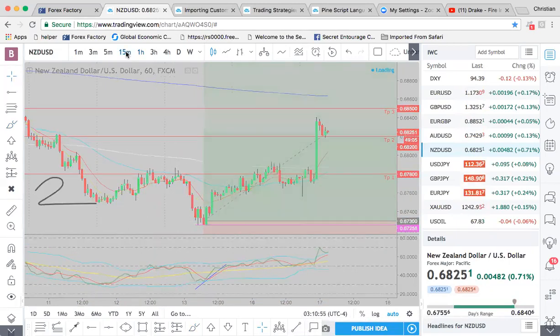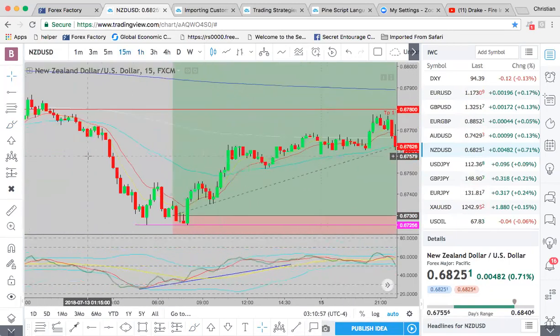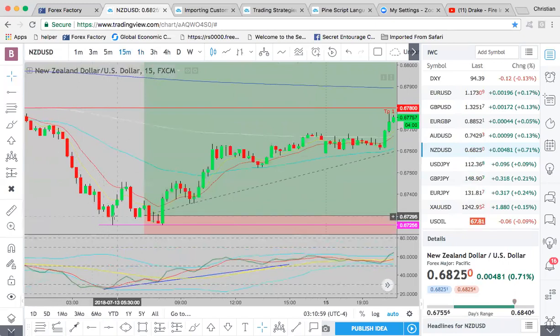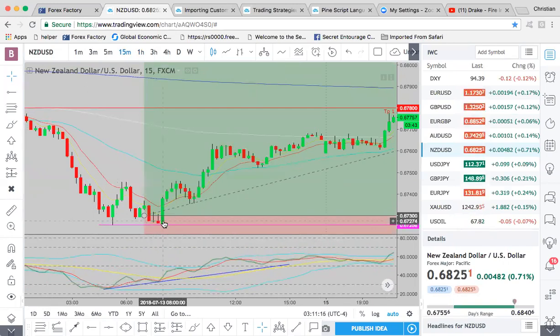So we take a look at the 15-minute, what we got? This is your left shoulder. The market breaks it. This is your left shoulder, also the low of the day. The market comes by that low, 15, 30, 45, an hour. You have the same, look at your divergence, lower low, right? Lower low, higher low.